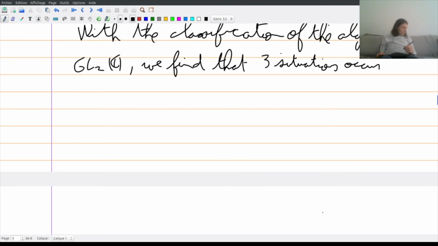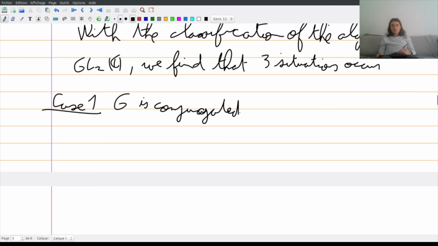The first one is the following. Remember that J is defined up to conjugation. So J is conjugated to a subgroup of triangular matrices.